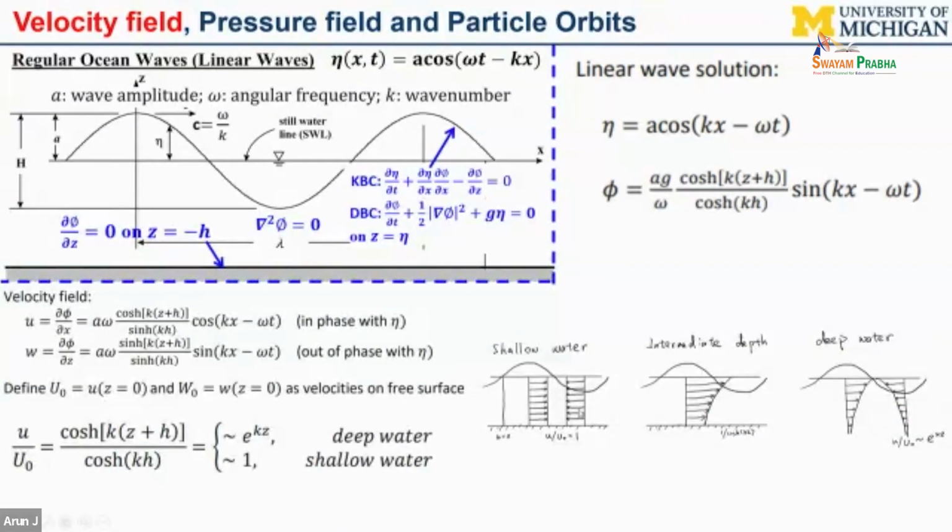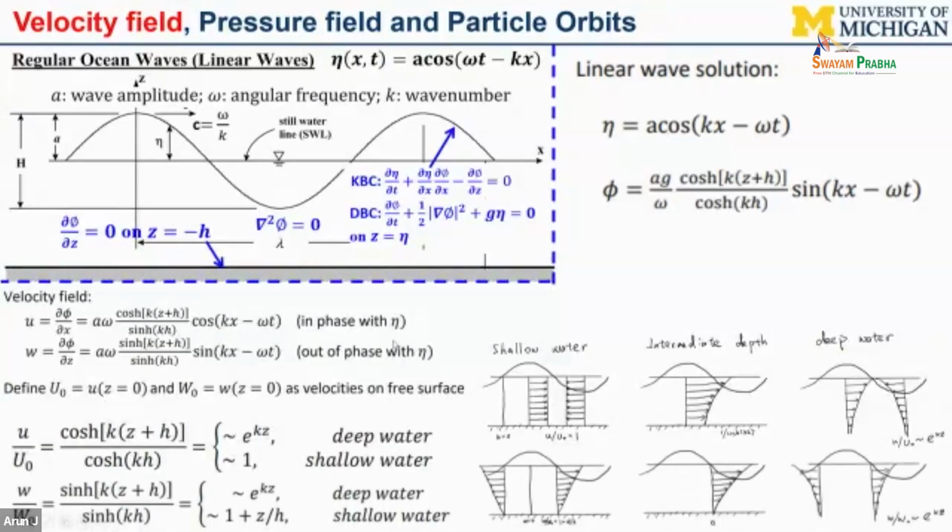About the z dimension, the velocity we can also normalize, and in shallow water it is almost a linear relationship. So the velocity in the vertical dimension at the surface is large, and with depth the amplitude in the vertical dimension is small.